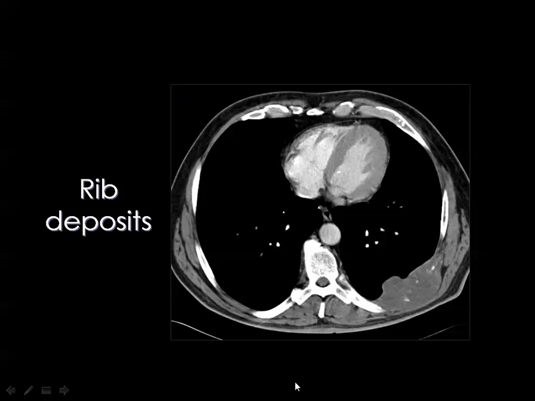And this is the classic appearance. Even in the absence of a known history of primary malignancy, whenever you see a mass like this which is centered on the rib and is partly inside and partly outside, then you may think of metastasis. And one may say, why should I not say that this may represent a chondrosarcoma?